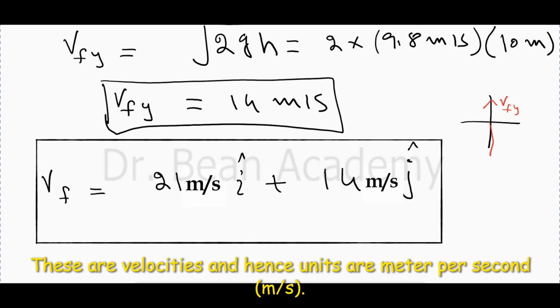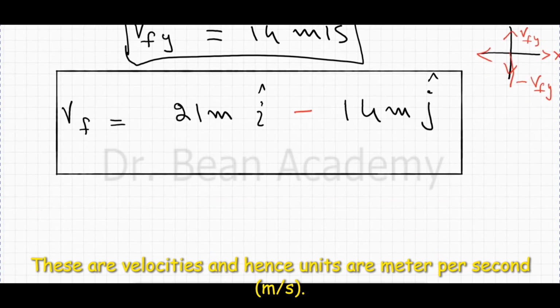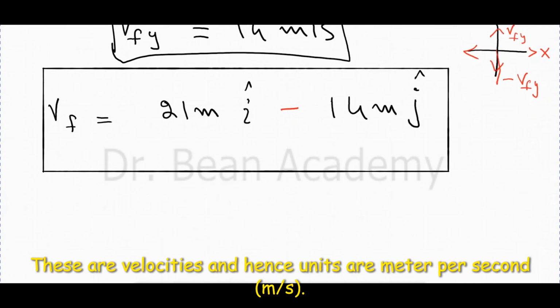And if it is downward, below the x-axis, or in our case the ground, then we usually take it as negative. So I suggest using a negative sign here instead of a positive: 21 i, negative 14 j. But it's up to you, because it depends on how you take the direction.